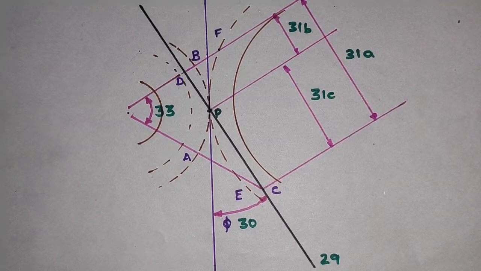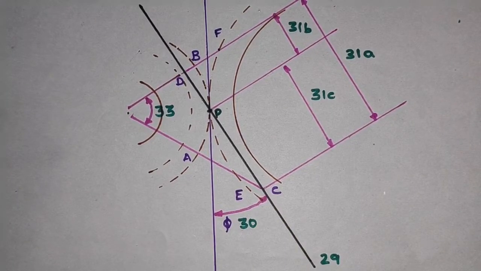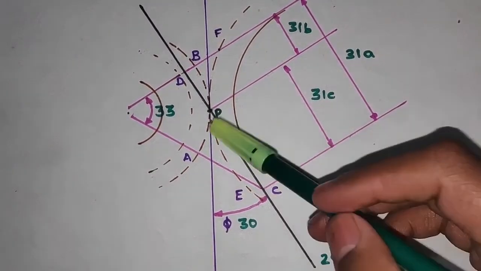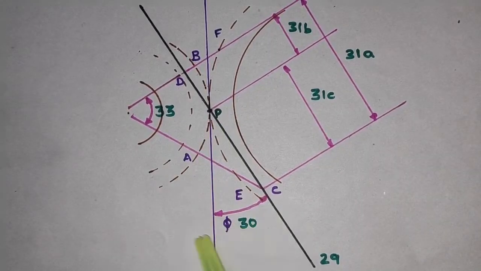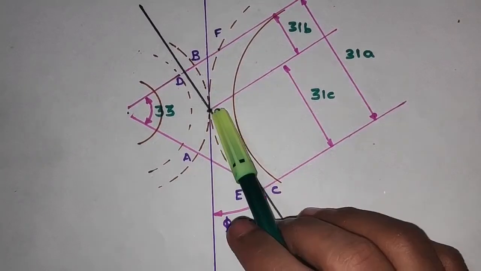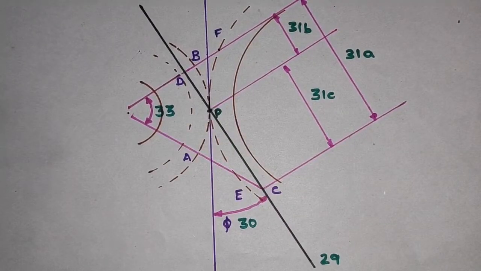This line of action makes an angle with respect to a line drawn vertically from the pitch point P. This angle is denoted by phi and is known as the pressure angle or angle of obliquity. The angle between the pressure line and the common tangent which passes through the pitch point is the pressure angle.